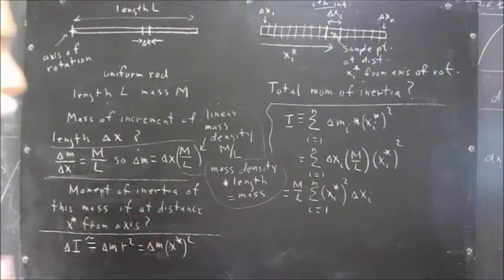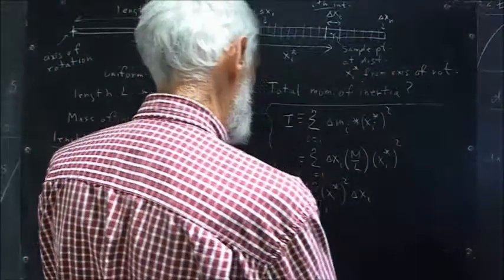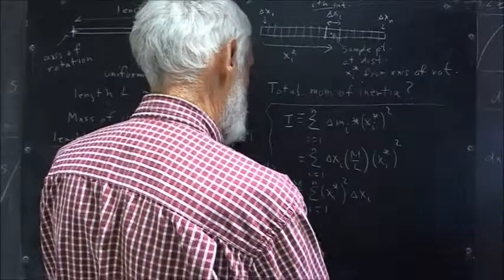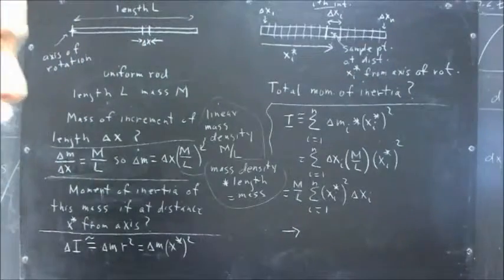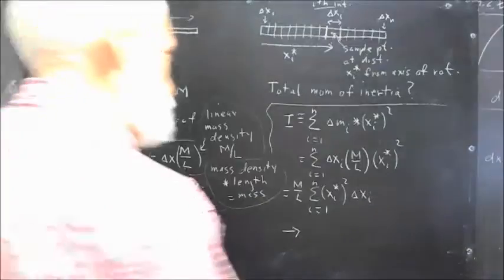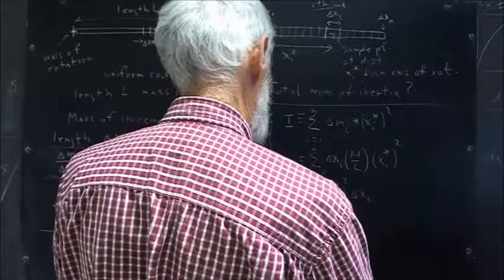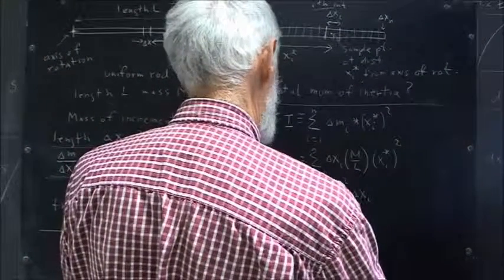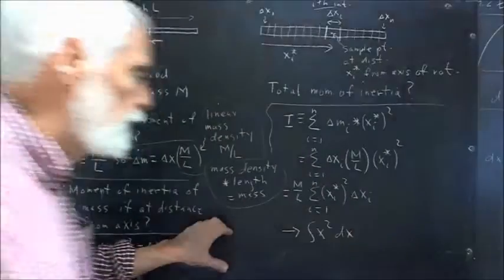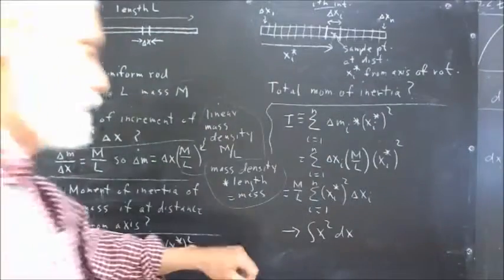Now, at this point, you should see that this is going to approach the integral of x squared dx times m over L.